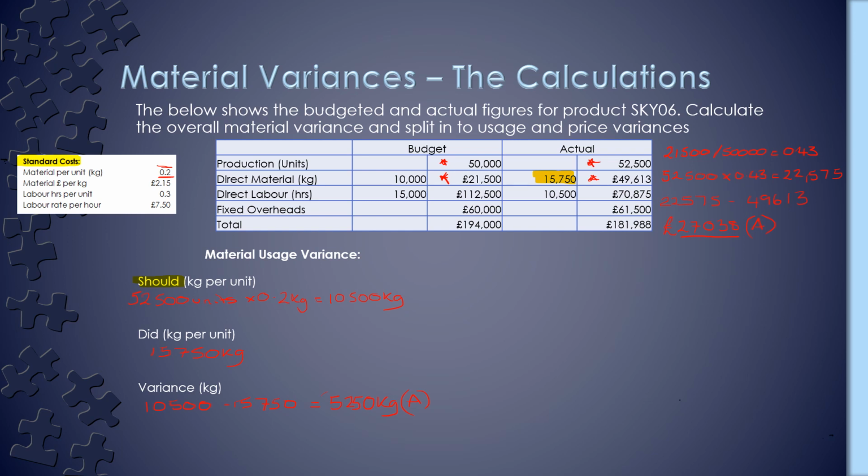But we need to have that in a pounds figure. Saying 5,250 kilos doesn't tell us how much that cost. So our actual variance is going to be 5,250 kilos, and we're going to multiply that by what we would have expected to have paid per kilo.